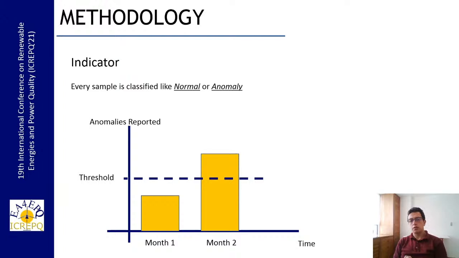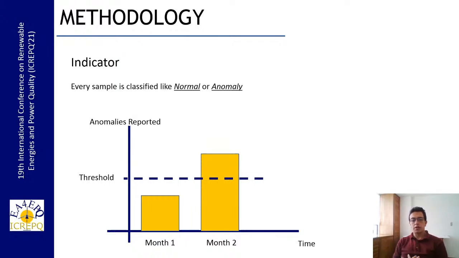This classification is grouped by month, and we count the number of anomaly samples classified. In this example, you can see that for month 1 we have a certain number of anomaly samples classified, and month 2 is bigger than month 1.